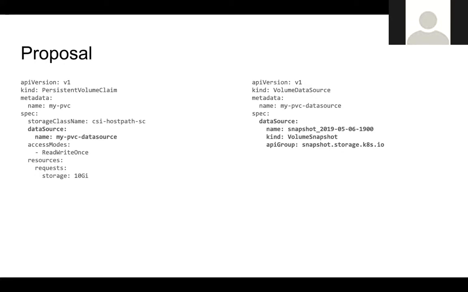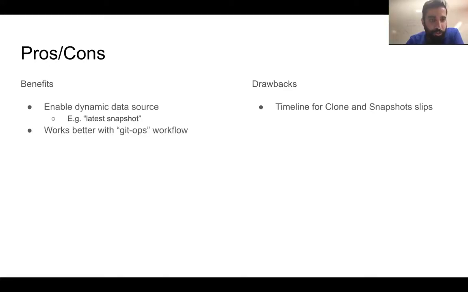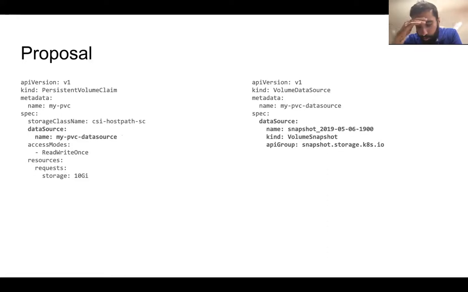But one more thing I want to mention: in addition to dynamic data source being possible, one of the benefits of this approach is that I think it works nicely with the GitOps workflow. One of the things we want to do ultimately is that you should be able to check in the state of your cluster, ideally into Git, and be able to recreate it if your cluster is nuked for some reason, and recreate it from what's checked into Git.